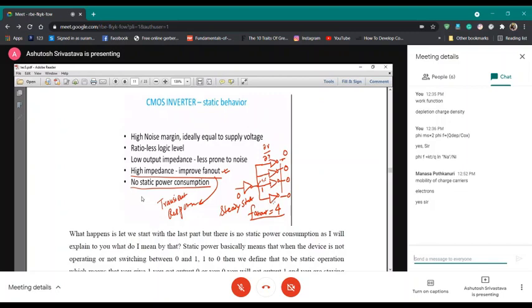So in steady state, this would be having a fan out of 4. This is an important feature when we talk in terms of transient response, which shall require a high impedance. And lastly, there is no static power consumption.